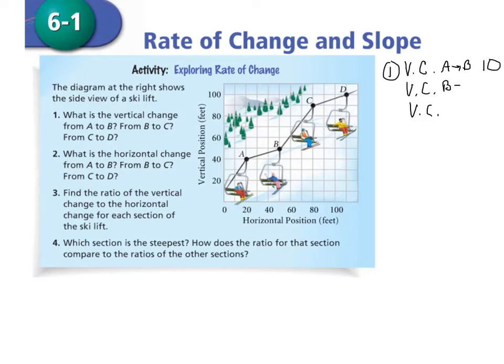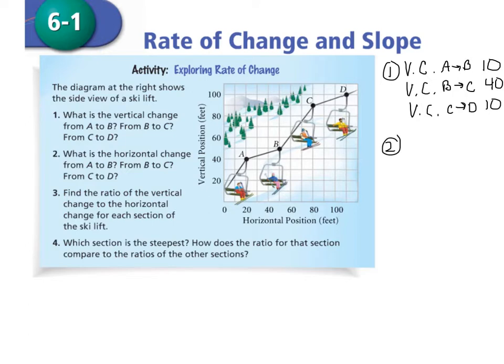From B to C, here it is 50, and then it goes all the way up here to 90. So 50 to 90 would be a change of 40. And then from C to D, it'd be from 90 to 100, so it's also 10.